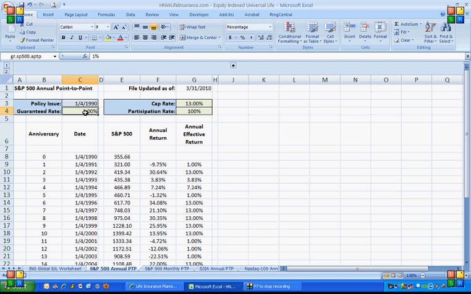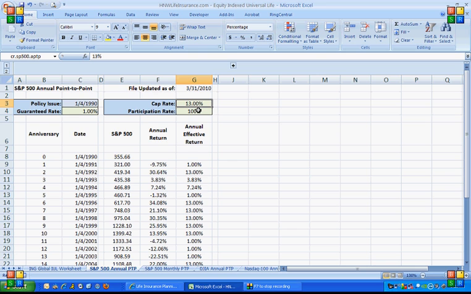A couple of important points here: we're assuming the policy is going to credit a 1% guaranteed rate, and we're going to have a 13% cap rate, which is the most you can earn on the index on that point-to-point. So in our example, if the S&P goes from 1,000 to 1,200 over the course of the next year and we have a 20% return, under this scenario the maximum we could earn within the policy would be 13%, because the cap is the maximum you can earn within the policy.